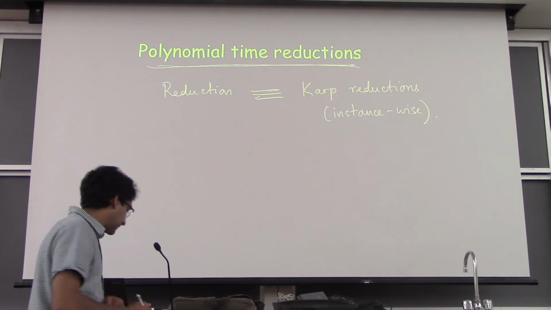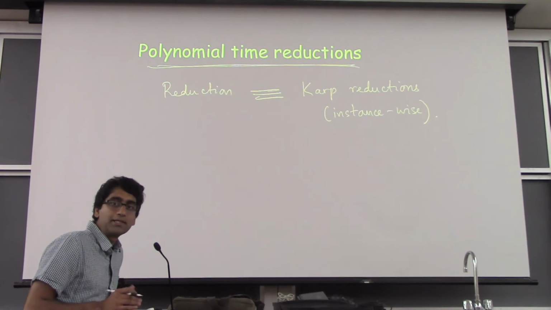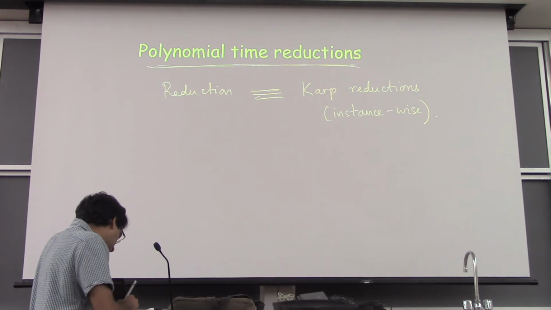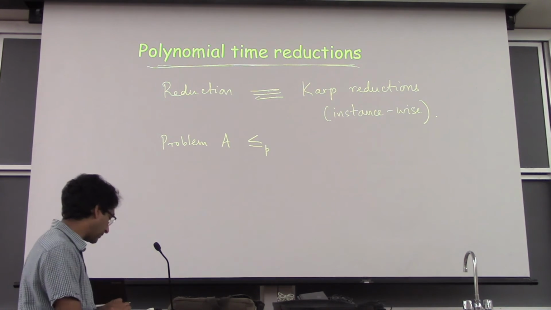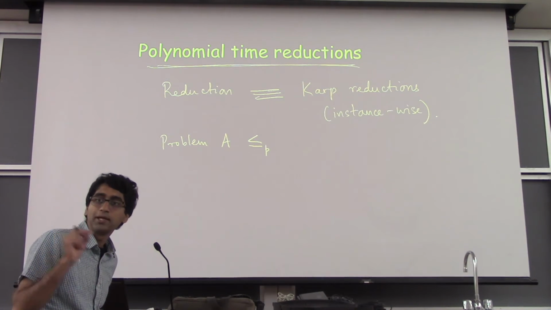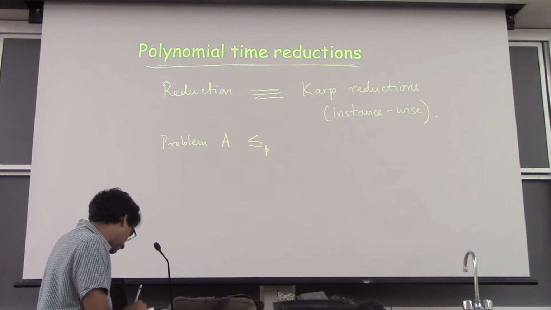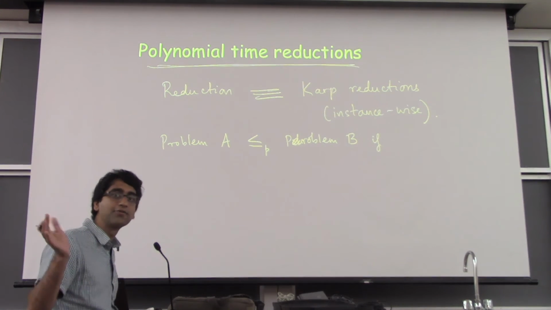Let me also introduce some basic notation. We say that problem A reduces to problem B, and I write A less than or equal to B with a small p, where p is for polytime, if there is an instance transformation, like I said.